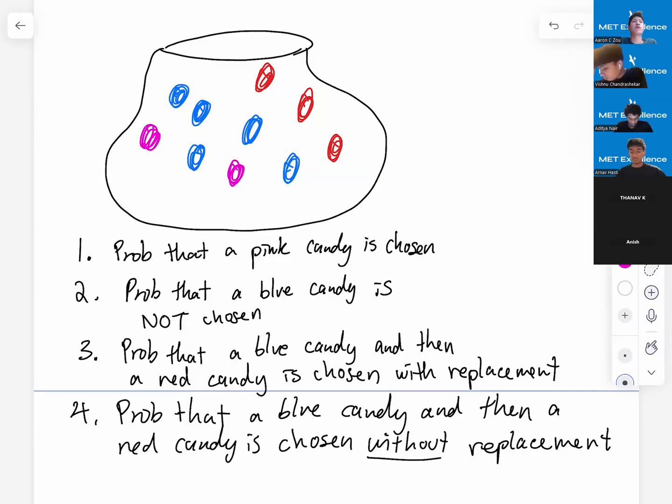So what's the probability that the first one he got was blue and the second one he got was red? That's question three. And then question four is now my friend will pull out the first candy, eat it, and then pull out a second candy. And we want to find the probability that he pulled out a blue candy, ate it, and then pulled out a red candy.